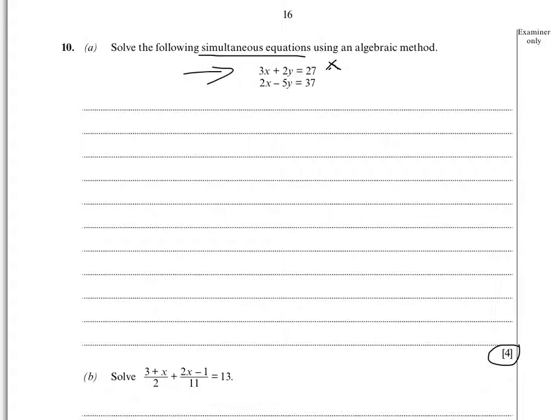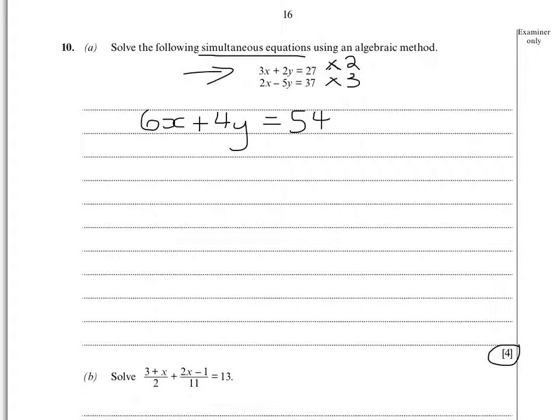If I multiply that top one, our first equation, by, let's say, 2, and multiply the bottom one by 3, then that should make my x's the same. So let's try it. 3x times 2 would be 6x, 2y times 2 would be 4y, and 27 times 2 is 54.